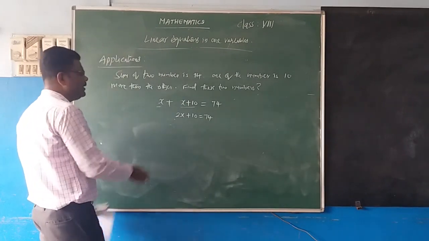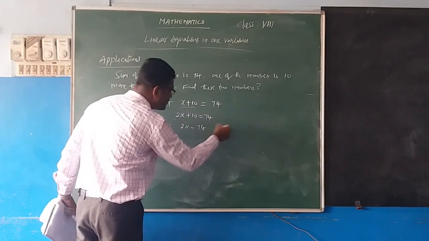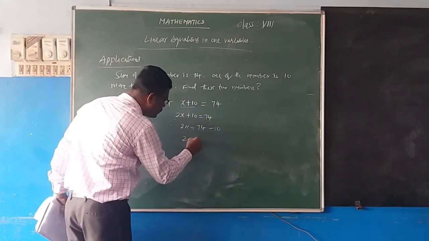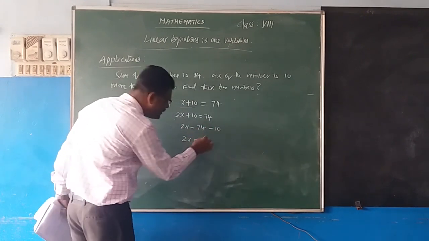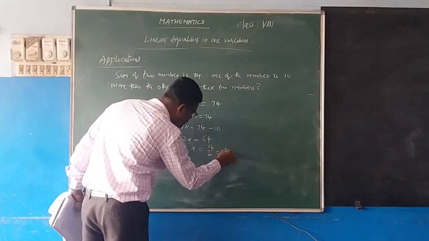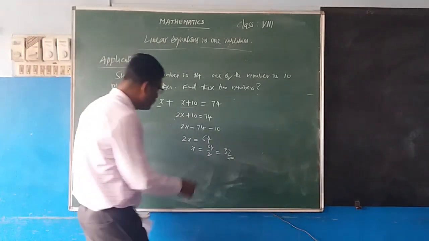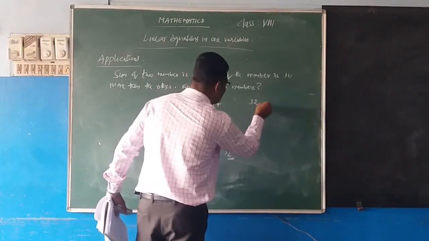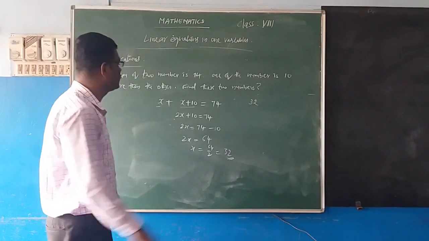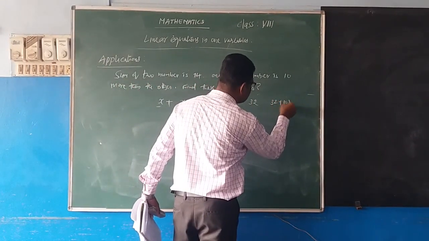Now solving the equation. 2x is equal to 74, and plus 10 goes to that side as minus 10. 2x is equal to 74 minus 10 is 64. x is equal to 64 by 2, that is equal to 32. So one number is 32. The other number is 10 more, means 32 plus 10, which is 42.